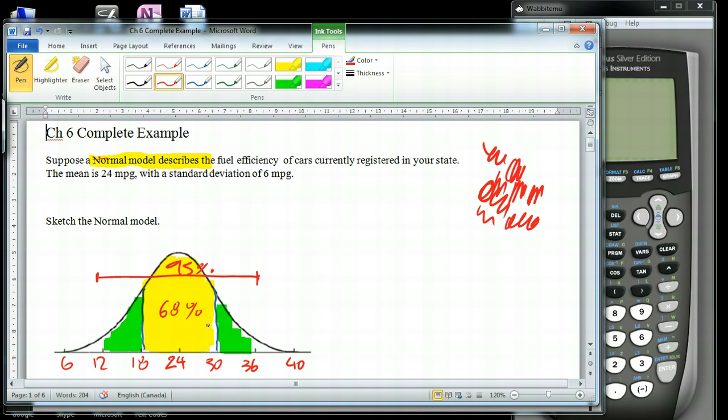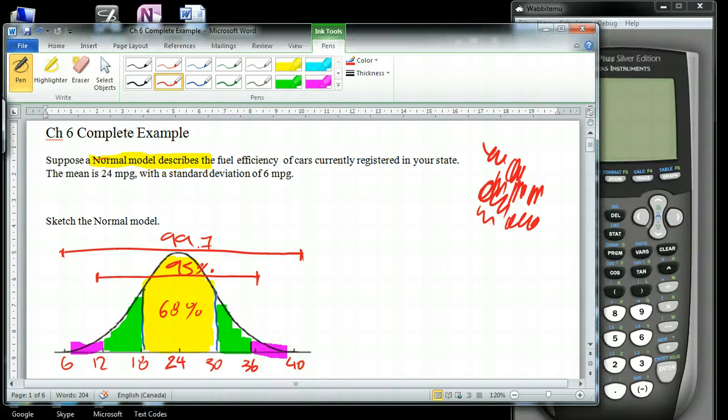And then finally 3 standard deviations, which is just the tails here, you would get 99.7%. So from here to here, 3 standard deviations, 99.7% of all cars are between 6 miles per gallon and 42.